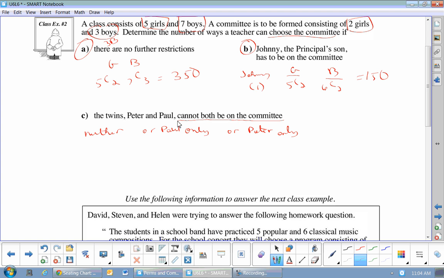how would neither be? How would you do neither? So the girls would be 5, choose 2. And the boys 5, choose 3.